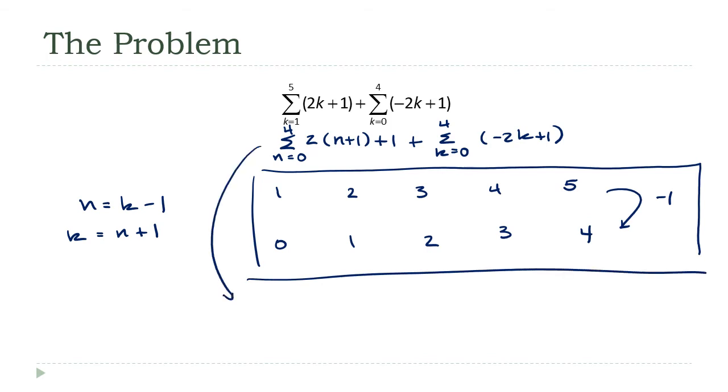So I'm going to make this the sum m equals 0 to 4. What does this simplify to? This will be 2m plus, this becomes 2 plus 1, that's 3, plus still the sum m equals 0 to 4 of negative 2m plus 1.